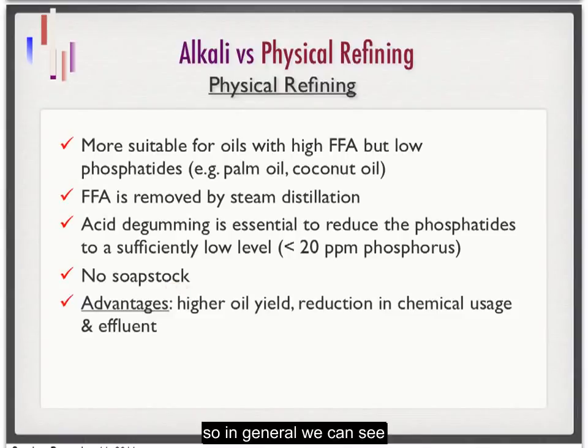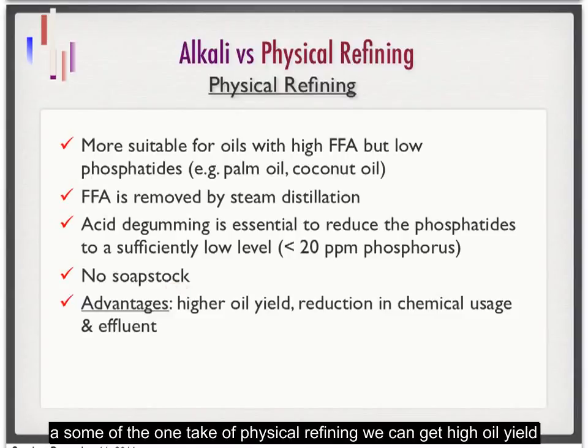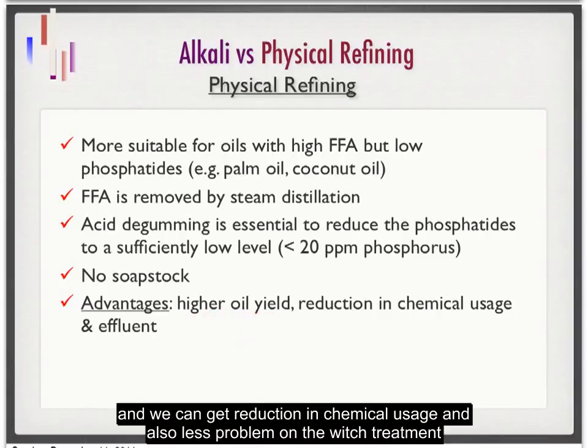So in general, we can say some of the advantages of physical refining are that we can get a higher oil yield, a reduction in chemical usage, and also less problem with waste treatment.